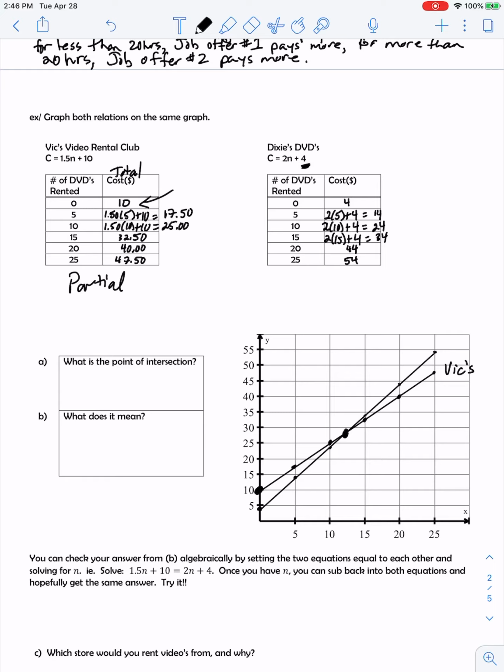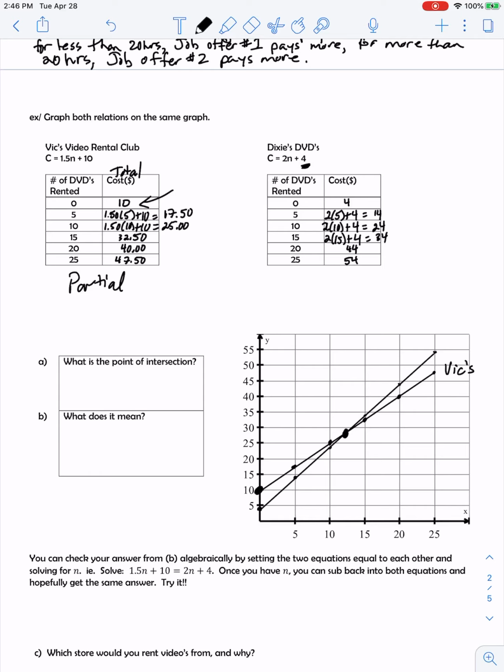The problem is that we can only be so accurate by hand. And there are better ways to solve linear systems. Graphing is actually the worst way of solving them, unless you're using graphing software. And I would like to show you the graphing software for this problem. But first, let's just finish this here.